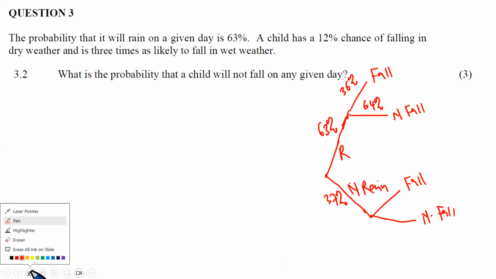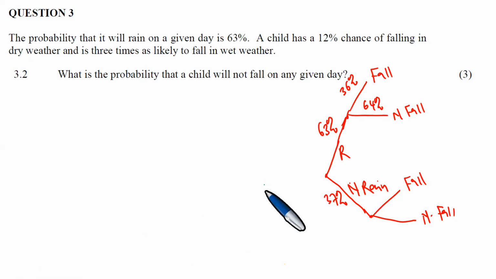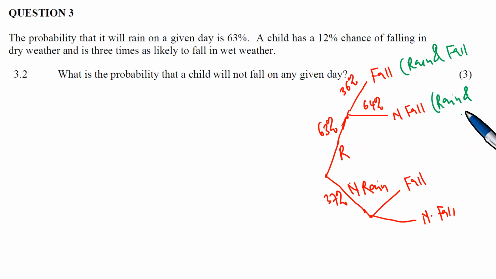So either there is rain and fall. Okay, we drew this here, but I want us to calculate the probability here. So we need to see the tree diagram. The rain and not fall.